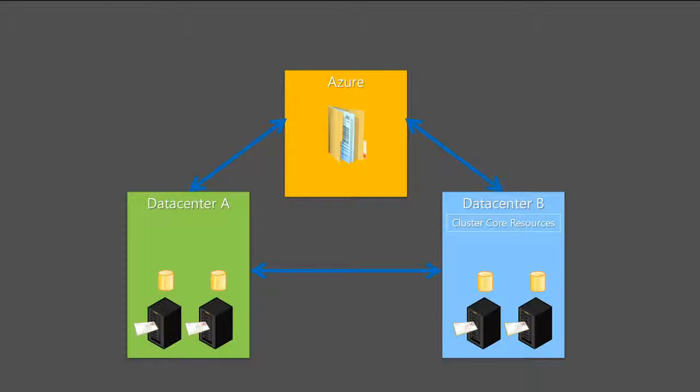The owner of that group gets the first shot at locking the file share witness. So in this case, if we were to lose this connection, who wins? B wins, because one of the nodes in B owns the cluster core resource group, and it gets the first shot at locking the witness. And that's where our databases are going to go. You can see I did not spend half a day on that animation.